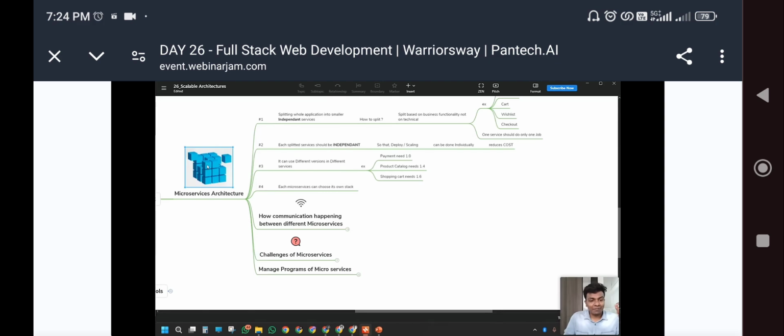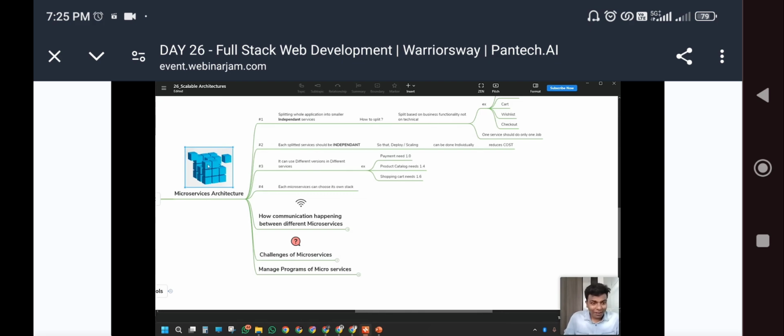For example, this is for payment, this is for cart, this is for wish list, this is for checkout, this is for returns, this is for product catalog, and this is for categories. Since everything is independent, if you want to use the MERN stack here, you can. Especially, you can use Node.js for the backend here.